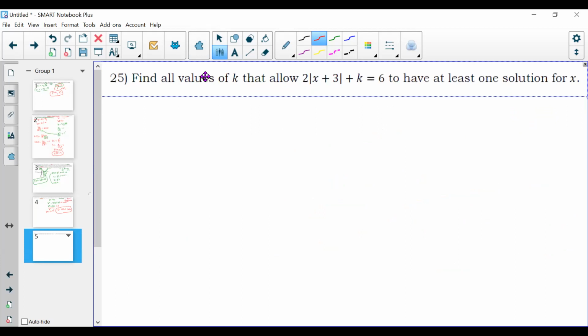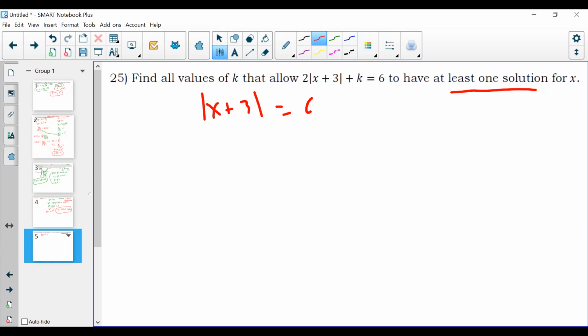All right, 25 you said, right, Alvin? Yes, please. 25: find all values of k that allow that equation to have at least one solution for x. So if I isolate the absolute value, I get the absolute value of x plus 3 equals 6 minus k, all divided by 2.